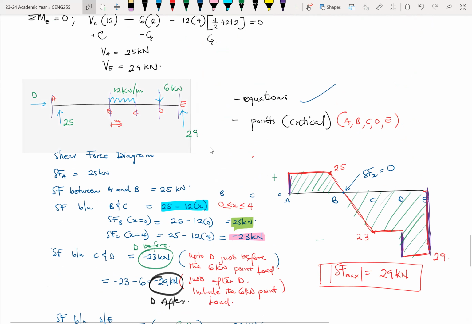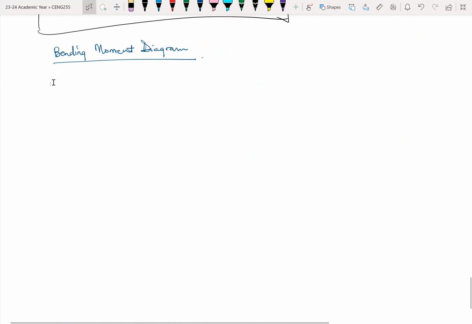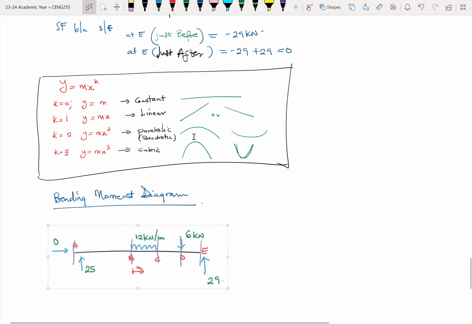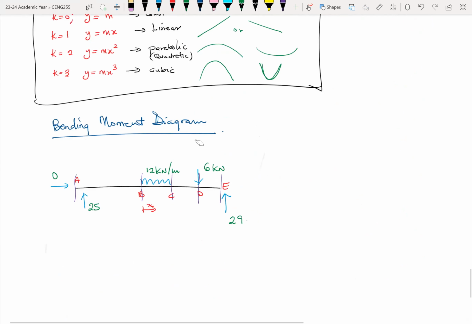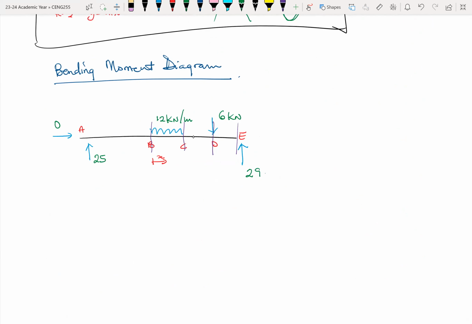But you can also look at critical points and then use that to draw a bending moment diagram, if only you understand how this whole thing works, the exponents and what the shapes would be if you had to draw them. So I'm just trying to bring that back.